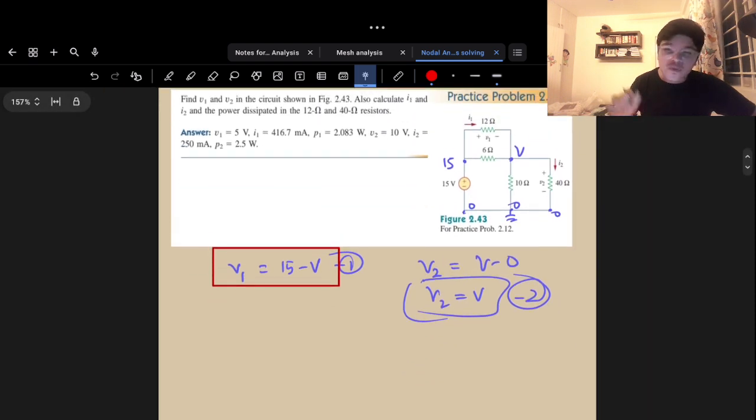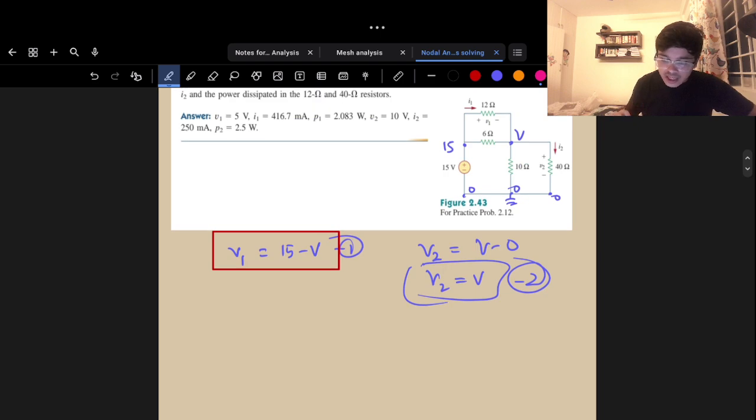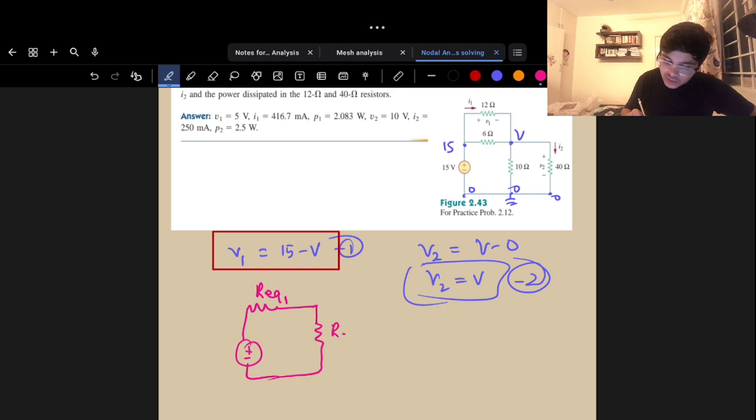Before writing the numerical value of the R equivalent, let us understand what is going to happen. If I combine these two resistors, it's going to create one R equivalent 1, and the voltage source is not going to change. And there is one R equivalent 2 here.